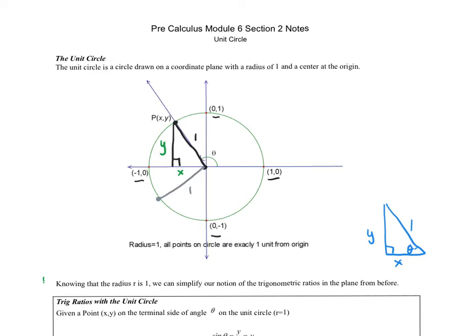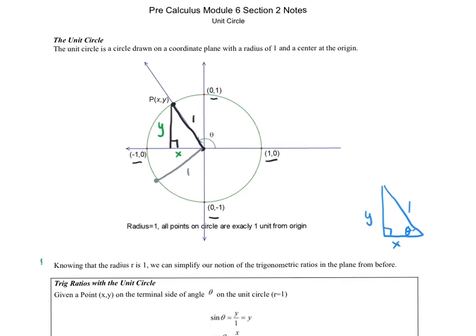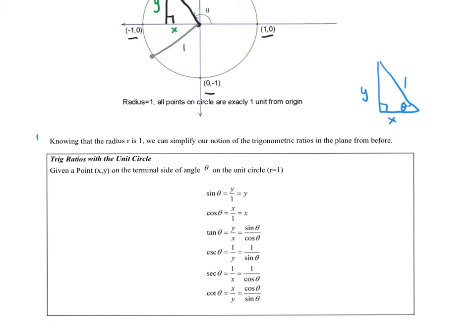Now what's very nice about this is if I look at the opposite and hypotenuse, the sine is going to be the opposite over the hypotenuse. So that's going to be y over 1, which is simply y. And the cosine is going to be x over 1, which is x. The tangent is going to be opposite over adjacent, which is y over x.